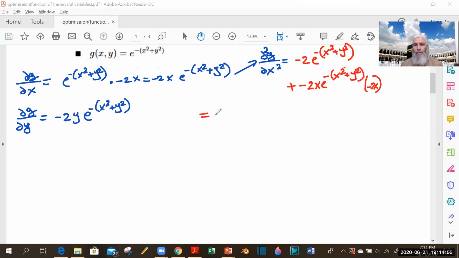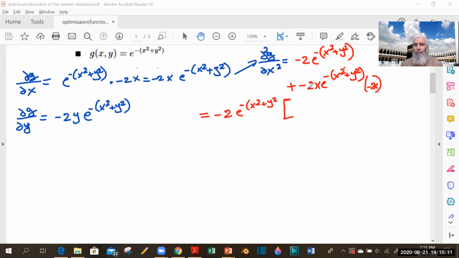So you can write it like this: negative 2 e power negative x squared plus y squared. We take this as a common factor.